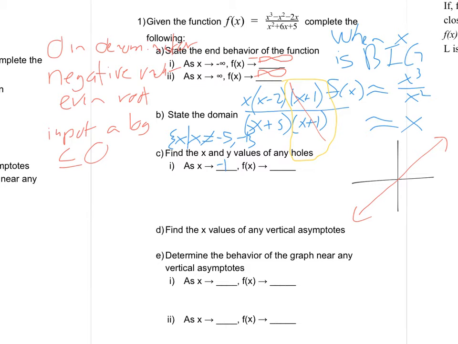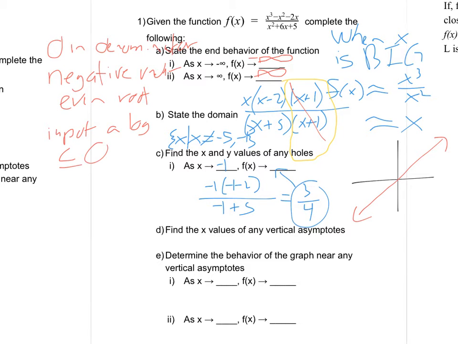So if I plug that in, I'm going to get negative 1 times negative 1 minus 2 over negative 1 plus 5. If I simplify that, I think I'm going to get 3/4. Negative 1 times negative 3 is positive 3. Negative 1 plus 5 is 4.